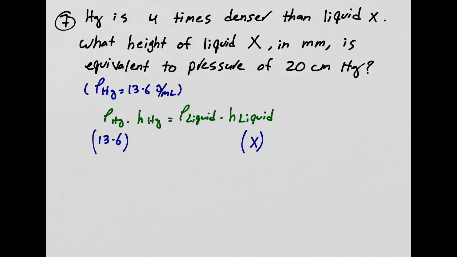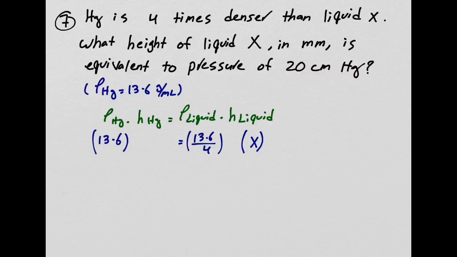Now, they don't give you the density of the liquid, but it says that mercury is 4 times denser than liquid X. So if this is 13.6, this is 13.6 divided by 4, because mercury is 4 times denser. They also give you the height of the mercury: 20 centimeters of mercury.